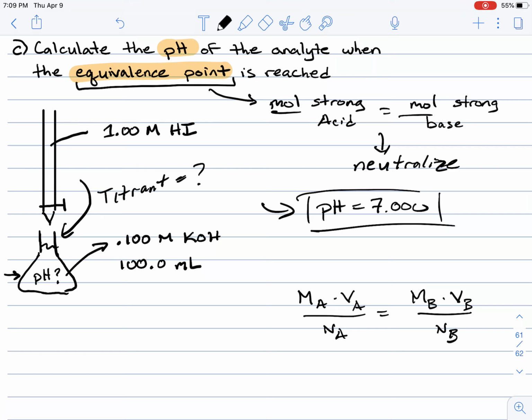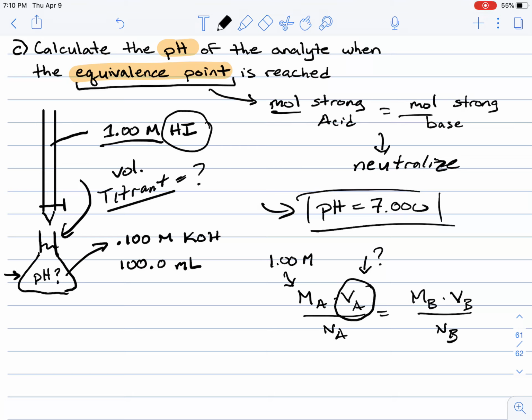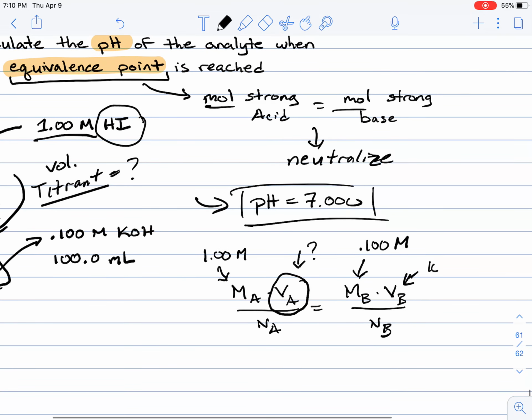Okay. And so we want to figure out the titrant, so we need to figure out the volume of the titrant, of the acid that we're putting in. And so we need to solve for VA. So let's plug what's given. I have a 1.00 molar concentration. My molarity for my base is going to be 0.100 molar. The volume of my base is going to be 100.0 milliliters.